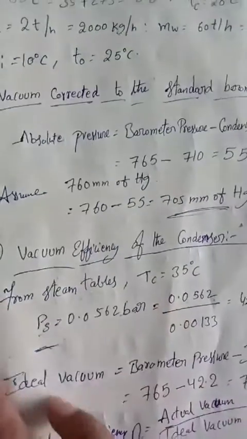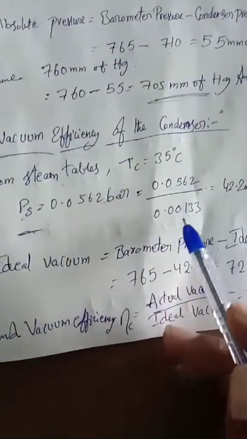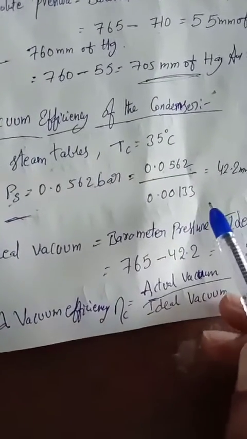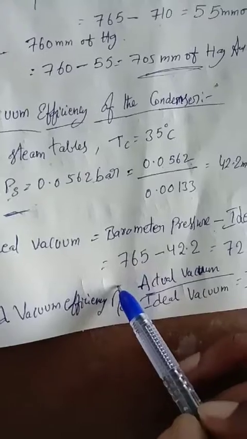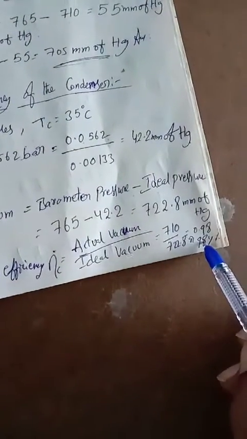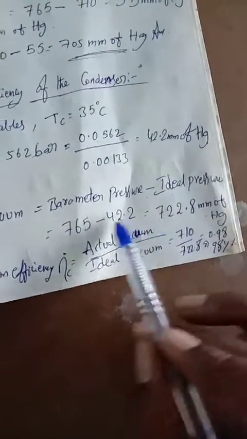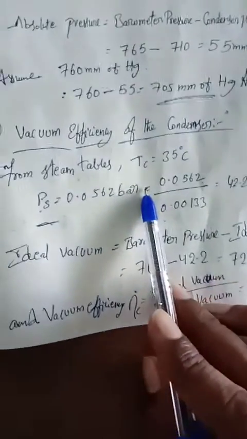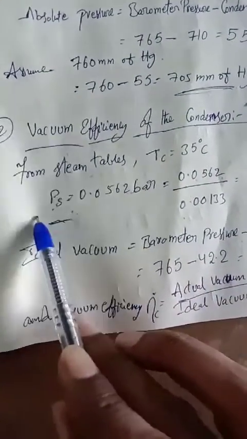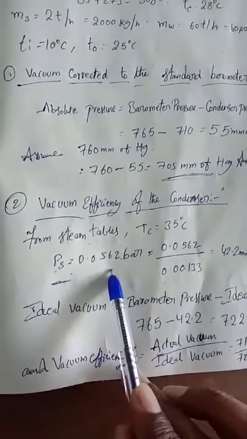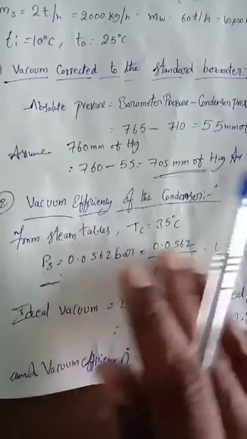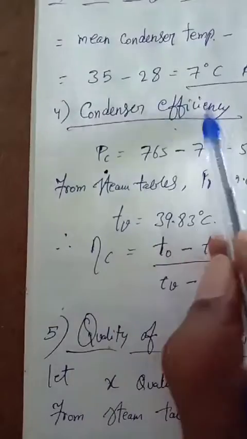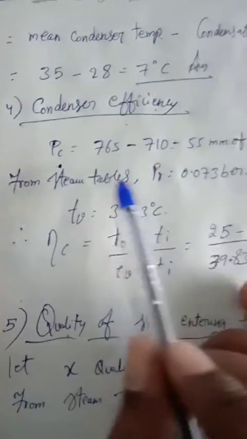We see the 0.073 value, and the PS value is fine, no problem. Then for the condensing pressure, we need to find the pressure.